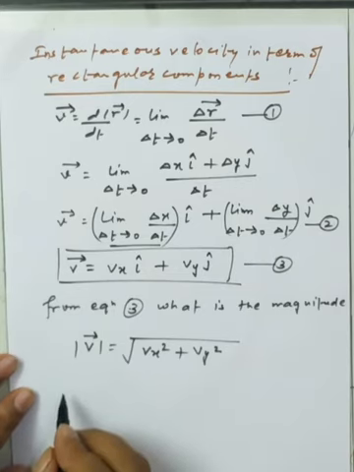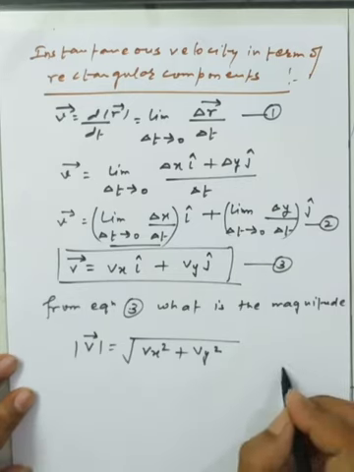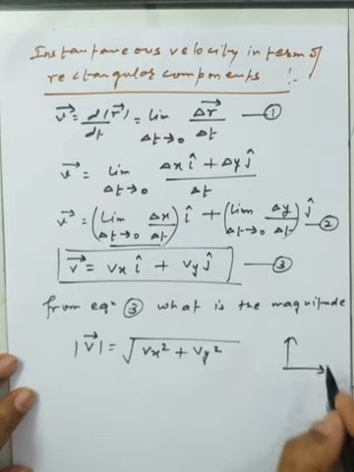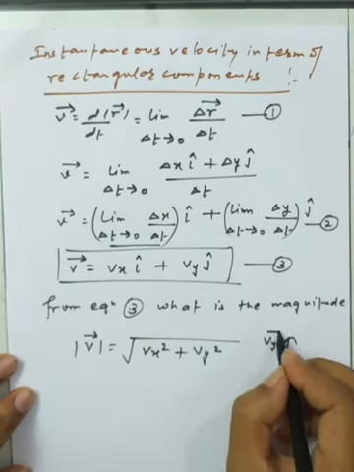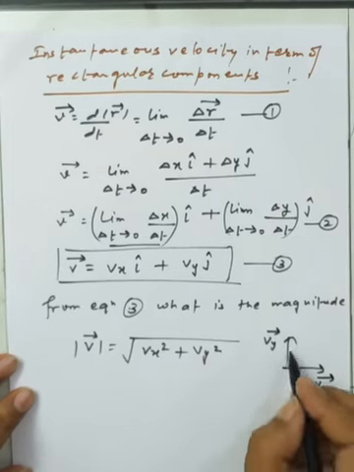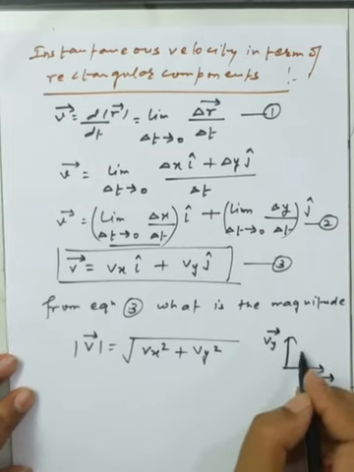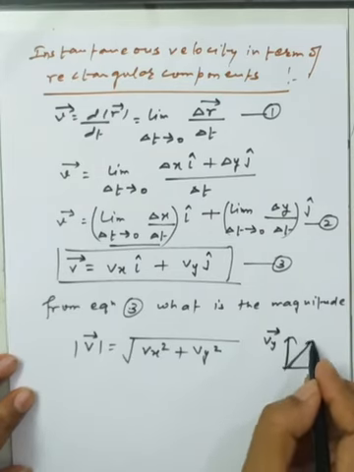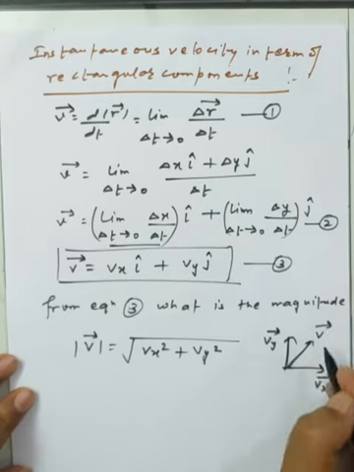And how can we discuss the direction? You have to pay attention that if two vectors are acting along directions perpendicular to each other, this one is the vx vector, this one is the vy vector. This is the representation of the instantaneous velocity, which makes an angle with the x-axis, suppose theta.